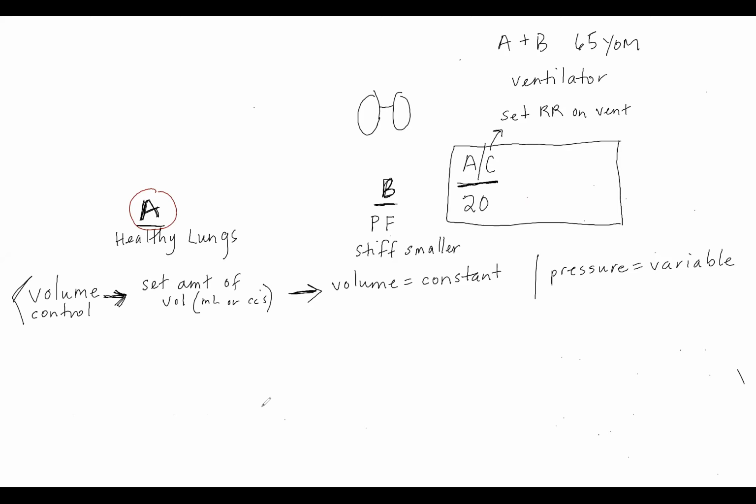What we're going to have is the same patient. I've got patient A, nice big healthy lungs. Patient B, who still has pulmonary fibrosis. So same two patients. I'm going to keep the exact same respiratory rate.